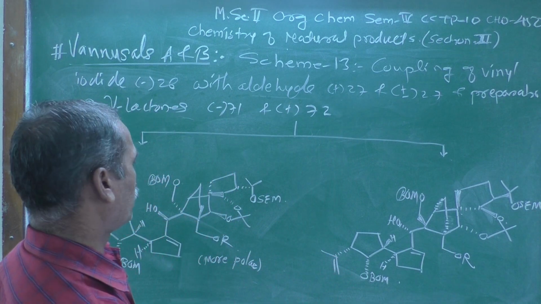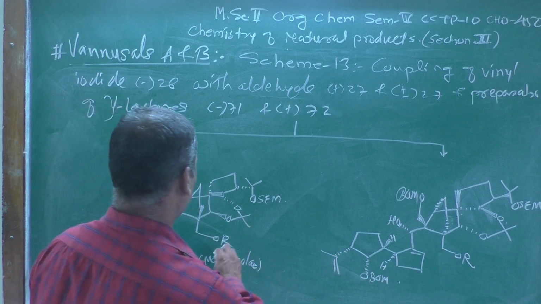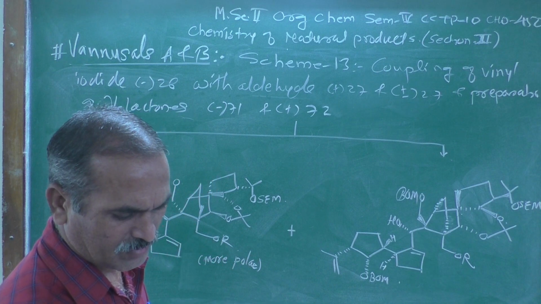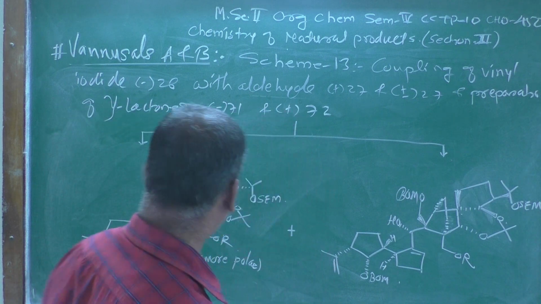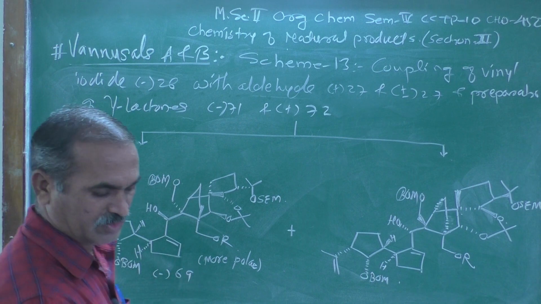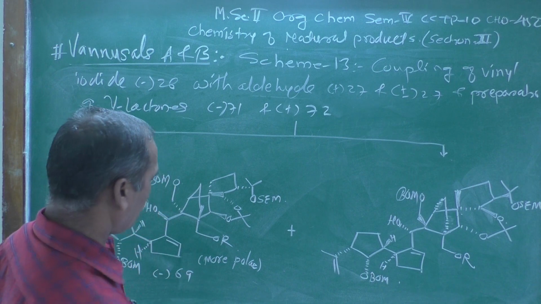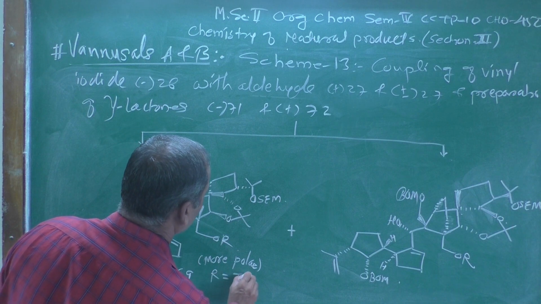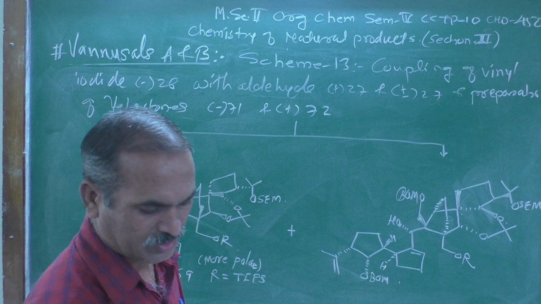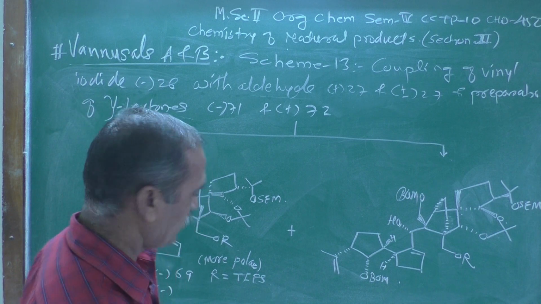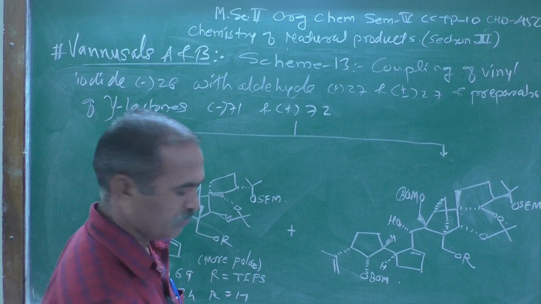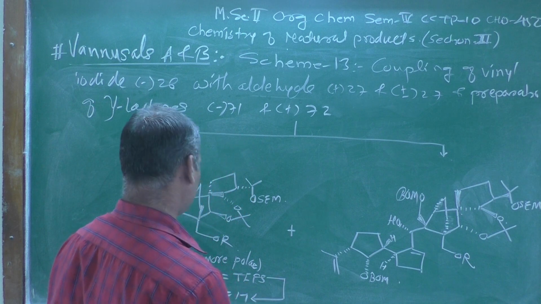So those are the two structures. This is structure number 50, this is structure number minus 69, when R is equal to TIPS, and structure number minus 24, R is equal to H, when this goes to this.